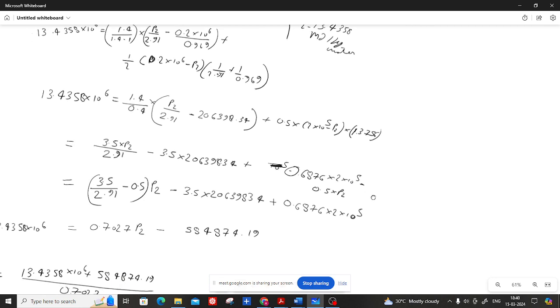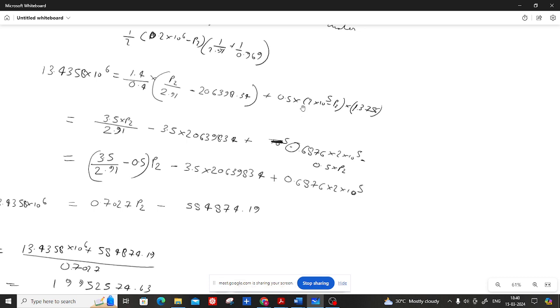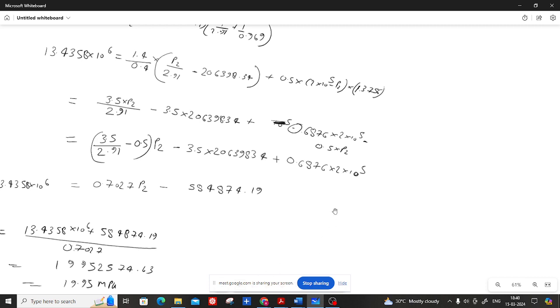See, I think we have made some mistake here. 0.5 into 1.3756 gives 0.6876. 0.6876 into 2 into 10 to the power 5 minus 0.6876. It should be 0.6876 here.